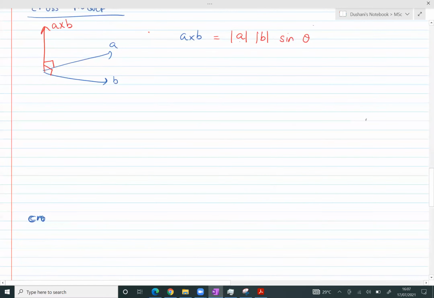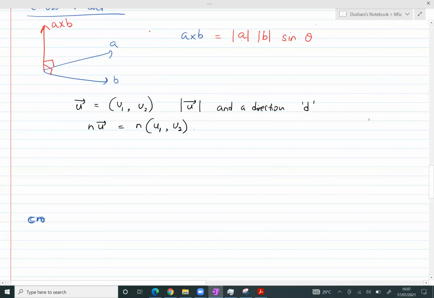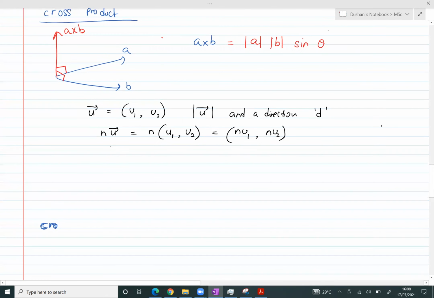So if the vector u equals u1, u2, and has a magnitude and a direction d, then nu, if n is the scalar, is equal to n times u1, u2, which is to say nu1, nu2, where n is a positive real number.